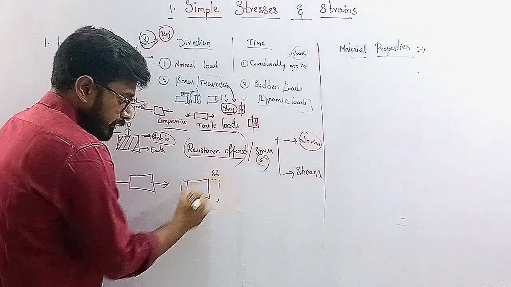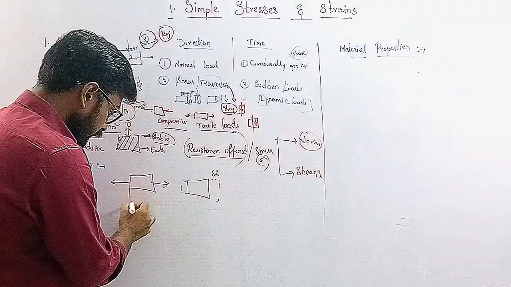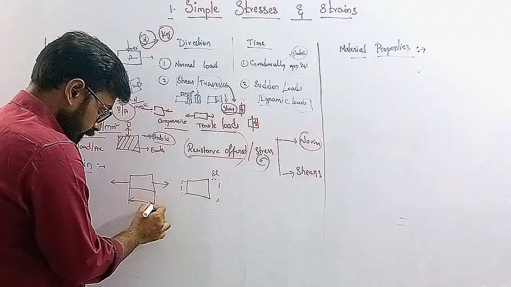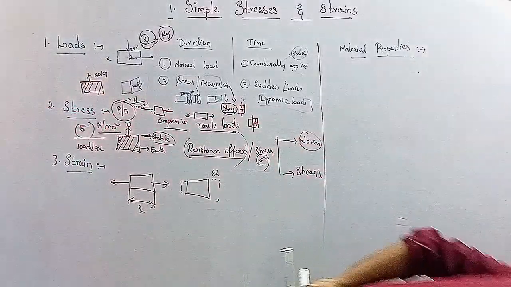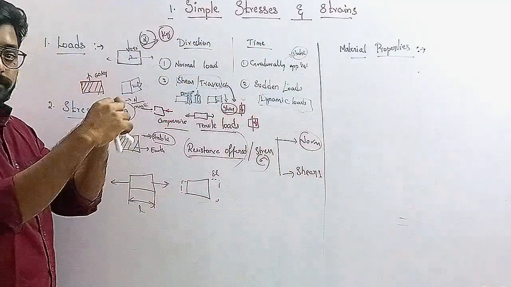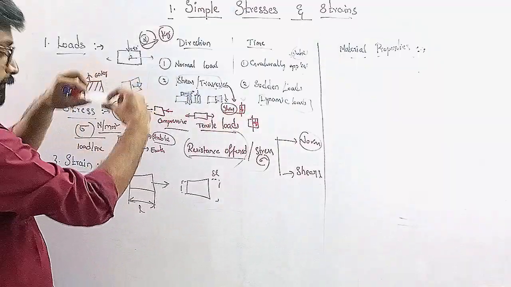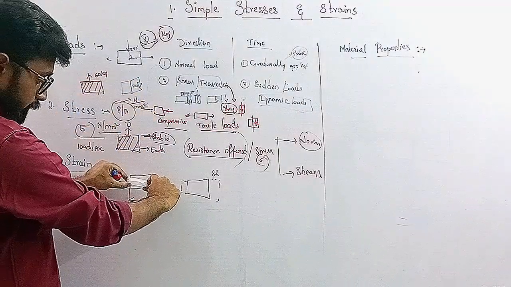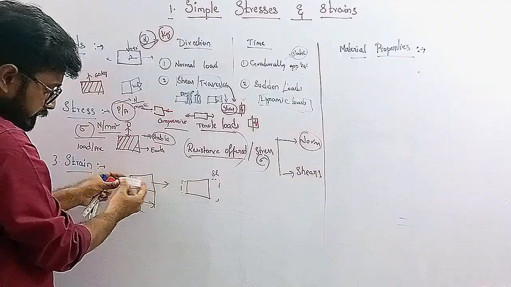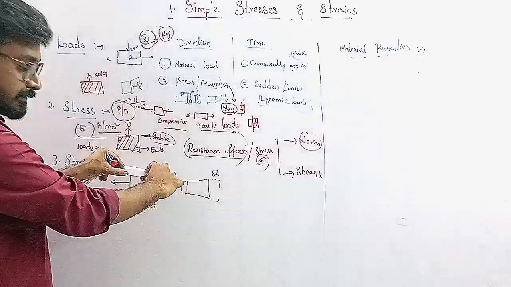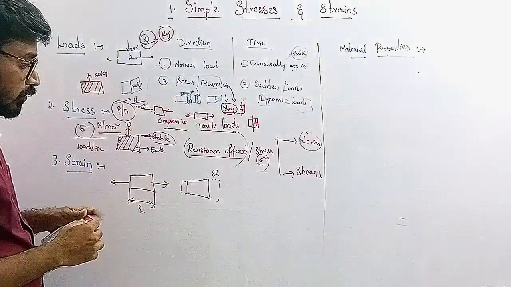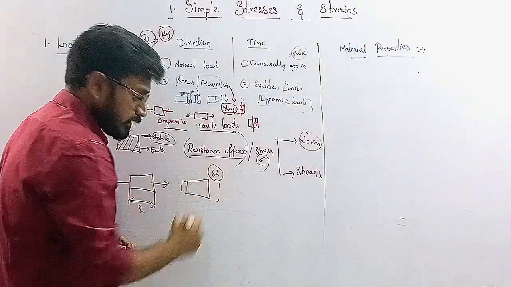It is expanded by delta L. Okay, this is the total L. So for example, take this bottle cap. We are applying some tensile load, right? Initially it is L, and we are applying the tensile load. So what will it undergo? It will undergo some deformation, that is delta L.